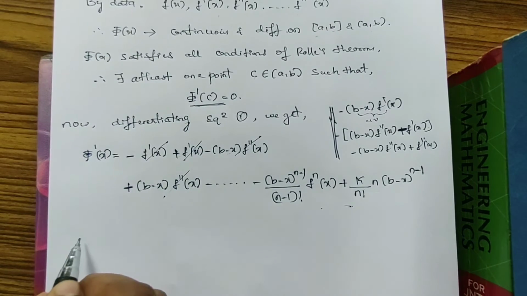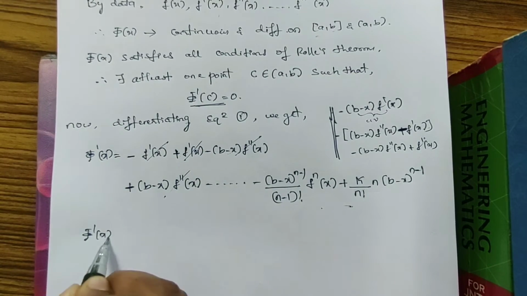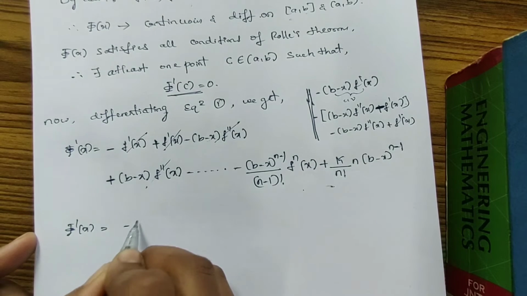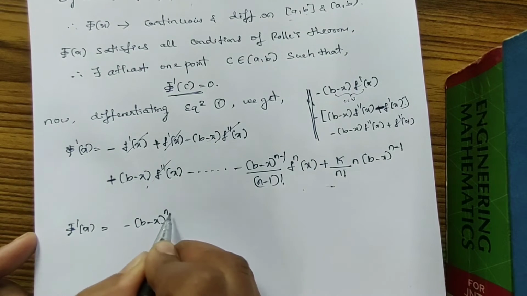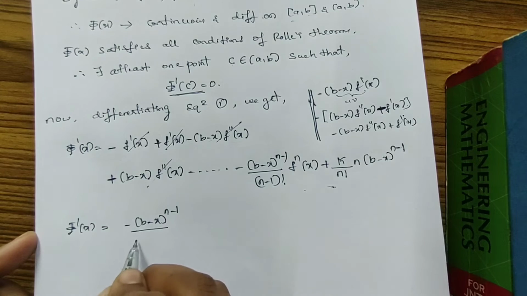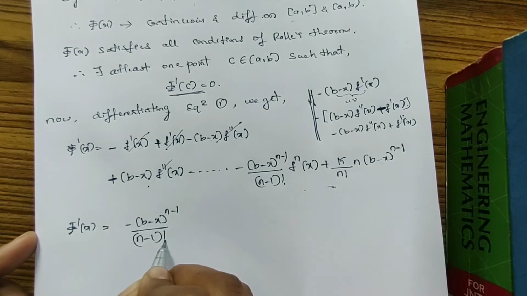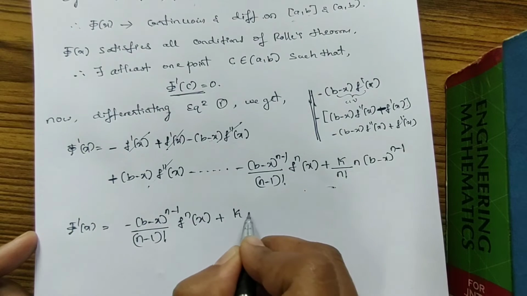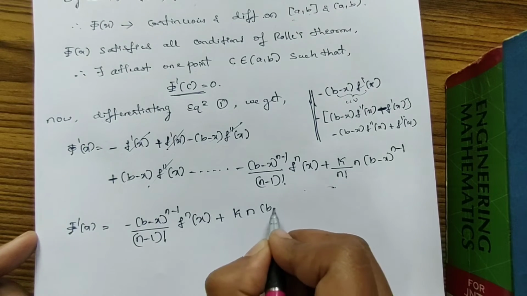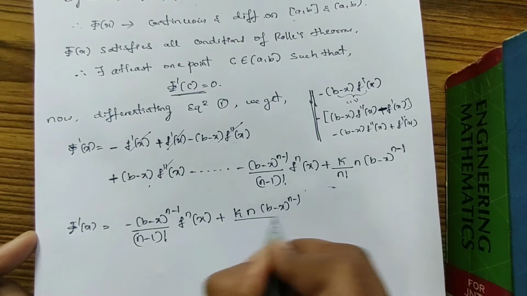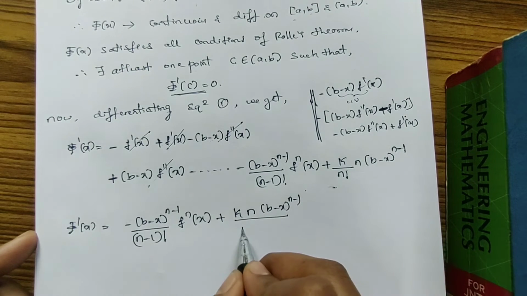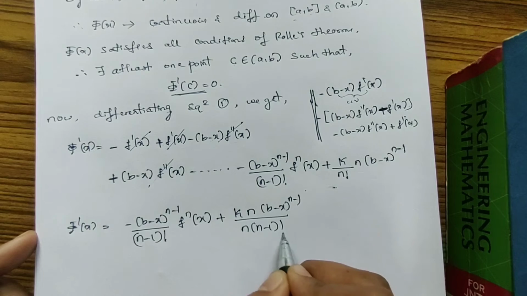That means we will get phi dash of x is equal to, I will write the last two terms, that is minus of b minus x to the power n minus 1 divided by n minus 1 factorial into f power n of x plus k into n b minus x to the power n minus 1 divided by, here it is n factorial. We can write n factorial as n into n minus 1 factorial.